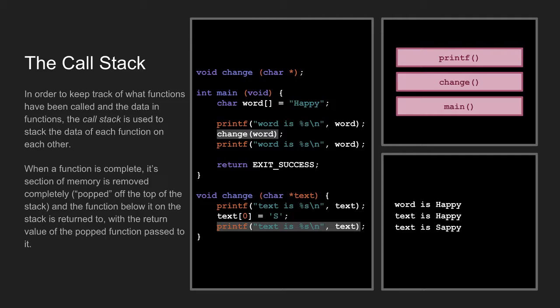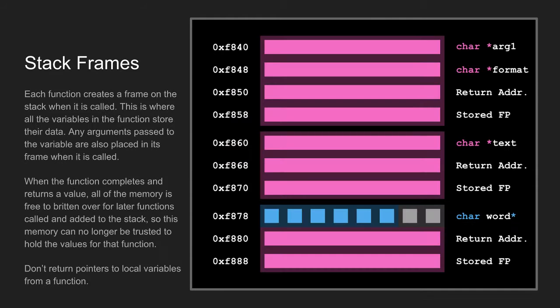And we call that block of memory that records all of the variables inside a function, where the instructions to return to once we finish a function are, and the value we return, a stack frame. And every function gets its own stack frame. So, for example, you might see the stack frame printf.